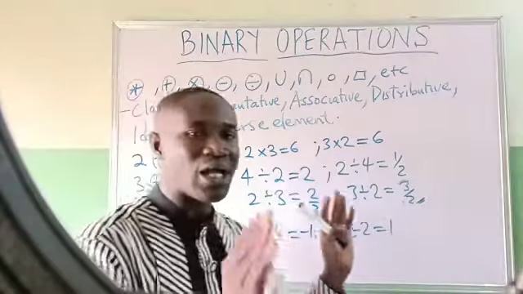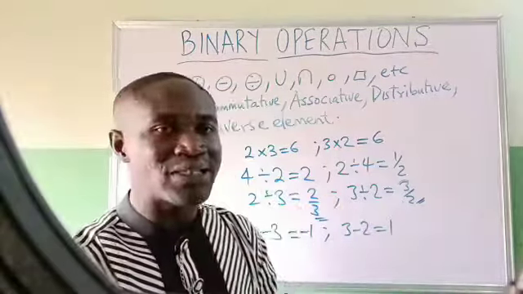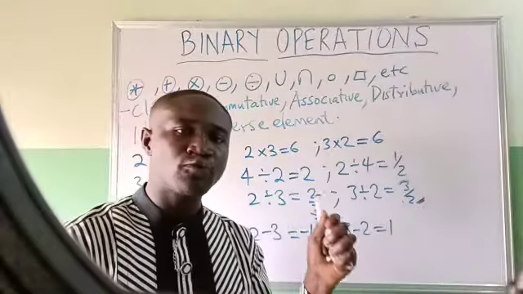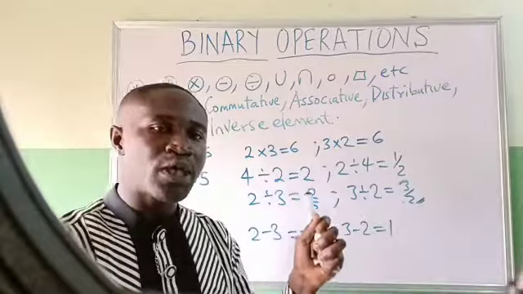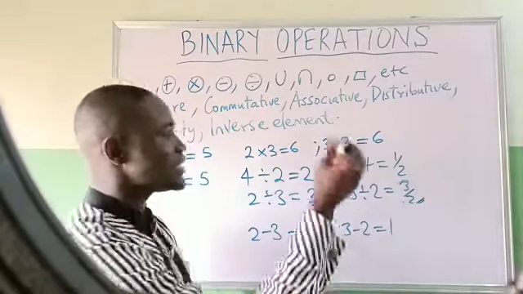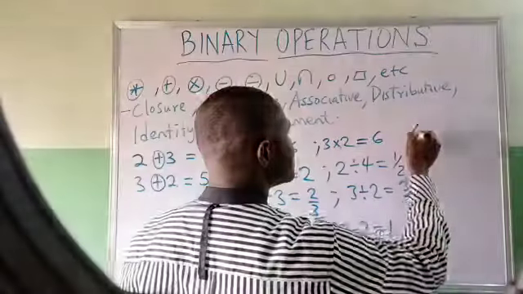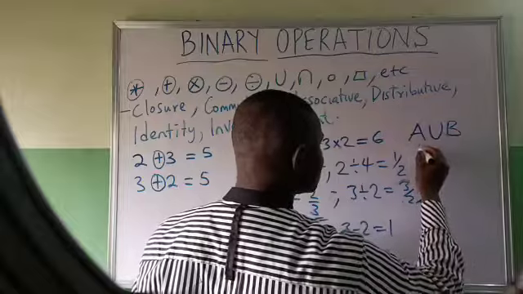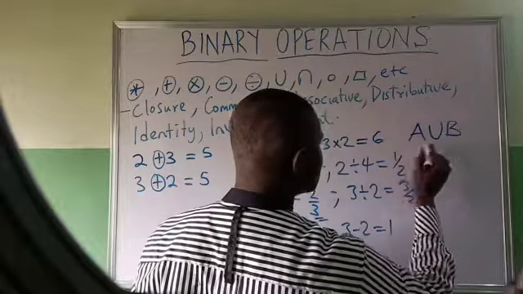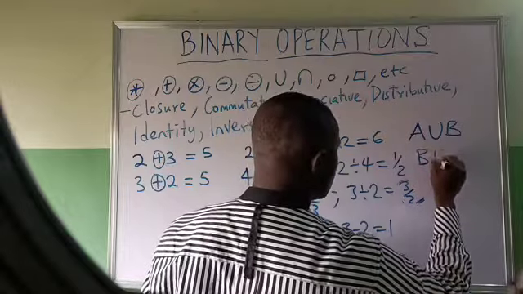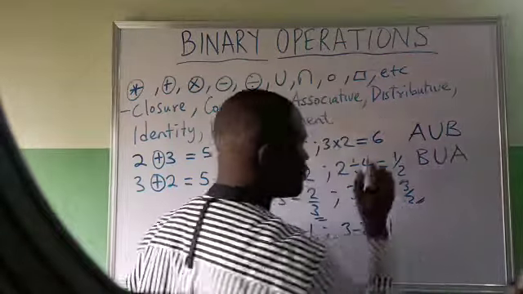So with this, we can summarize commutative property by saying that addition of two numbers and multiplication of two numbers are said to be commutative. Let's extend it a little. Set A union set B, and set B union set A. Will they give you the same answer?